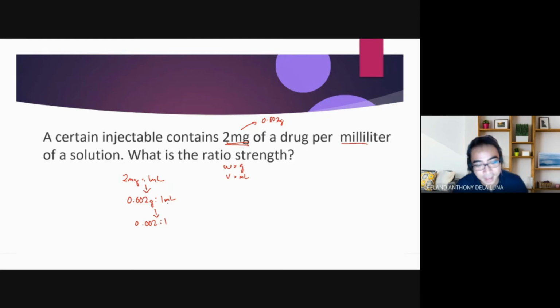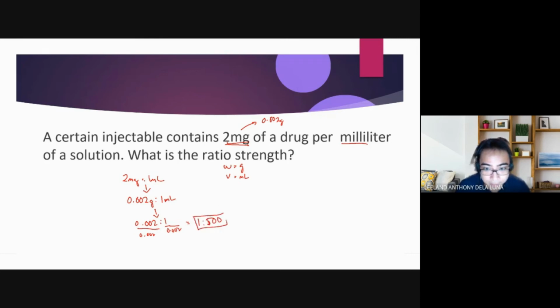Now, ang sabi natin, class, ang numerator dapat 1 lagi siya. So, again, divide both sides by the numerator, 0.002. At ang kalalabasan niya ay 1 is to 1 divided by 0.002, 500. Okay?